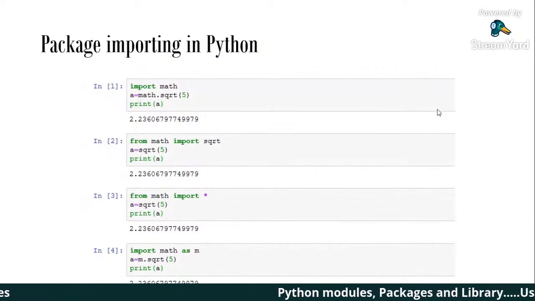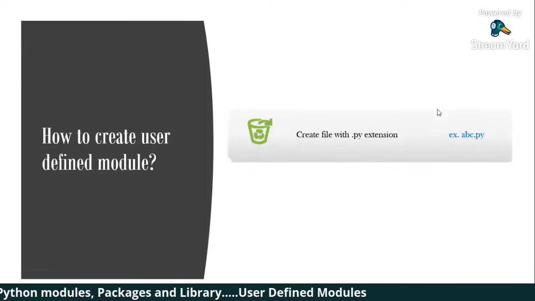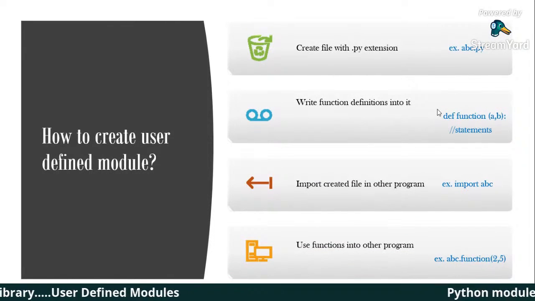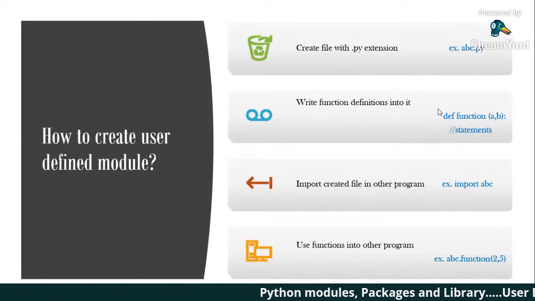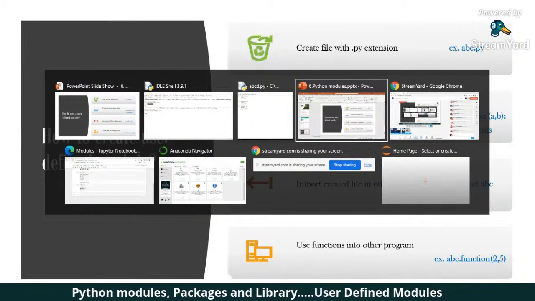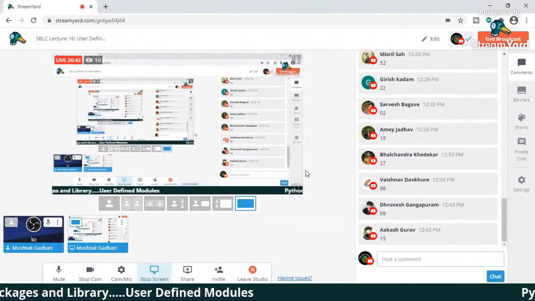This is the explanation, or you can say the program for it. Then we have seen how to create a user defined module. So those are the steps of a user defined module, and we have written a program where we have added our user defined module. So this is about the program and how we can have this particular user defined module. So we'll stop here.